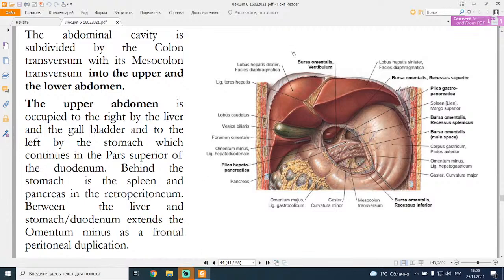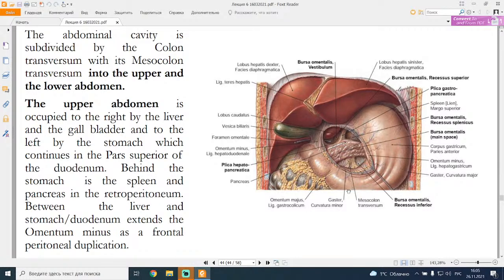The upper abdomen is occupied to the right by liver and gallbladder, and to the left by stomach, which continues in the pars superior of the duodenum.